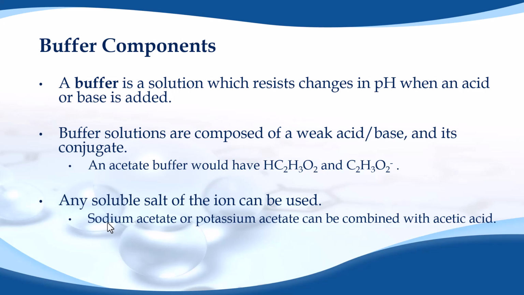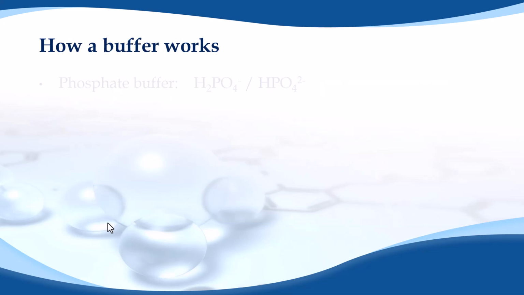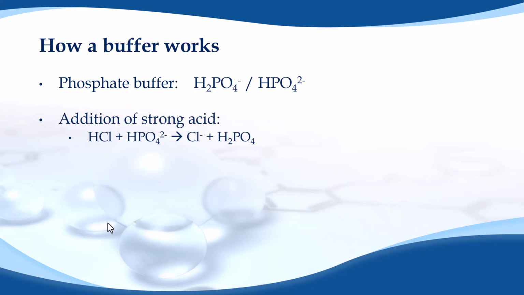Right, so here's how it works. We'll take, for example, the phosphate buffer that is in your blood. The phosphate buffer is the dihydrogen phosphate ion and the hydrogen phosphate ion. But here's the magic behind a buffer. Let's say we want to add a strong acid, like hydrochloric acid. Hydrochloric acid will react with the basic component of the buffer to produce hydrochloric acid's conjugate base, chloride, which remember, chlorides are negligibly basic, and the dihydrogen phosphate ion, which is the other component of the buffer.